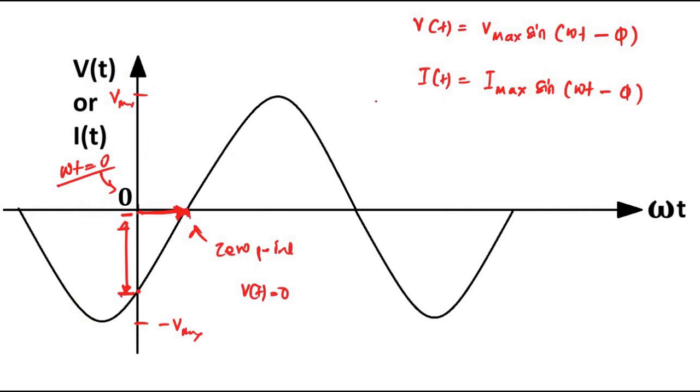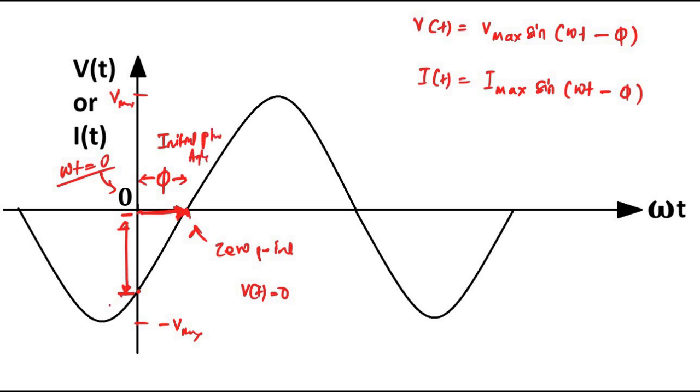This is the amount of the initial phase angle. So this is the representation of a waveform where the 0 point is to the right of the origin by the initial phase angle phi.